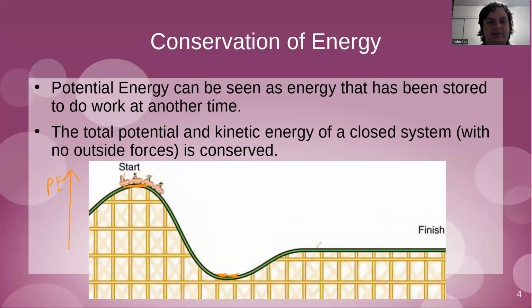Whereas once you go a little bit higher, you're going to have kinetic energy that's somewhere in the middle, because the potential energy is somewhere between its highest and its lowest points.